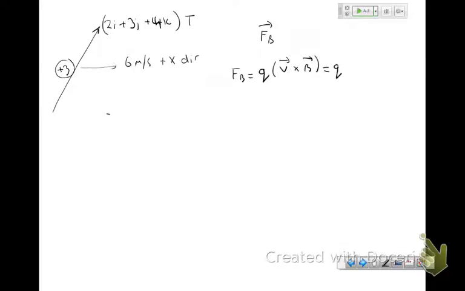It would be Q, and then if I just wanted the magnitude, what would I do? I would put down V, B, sine the angle between. Yep. That's the magnitude. And that's the vector, yeah?